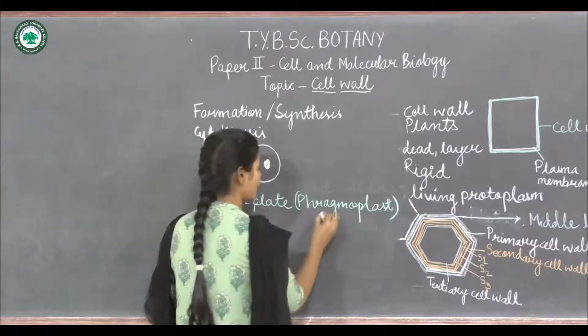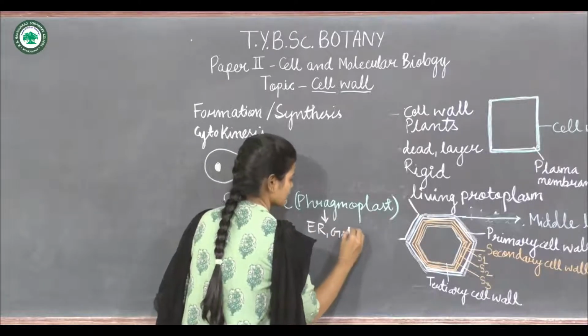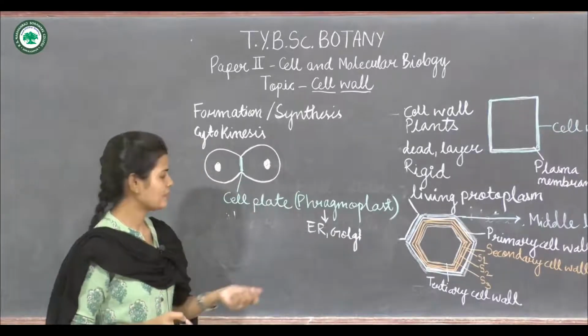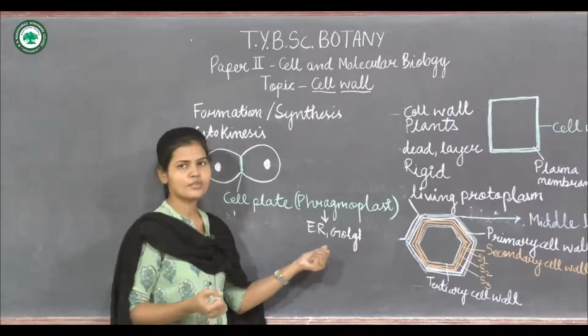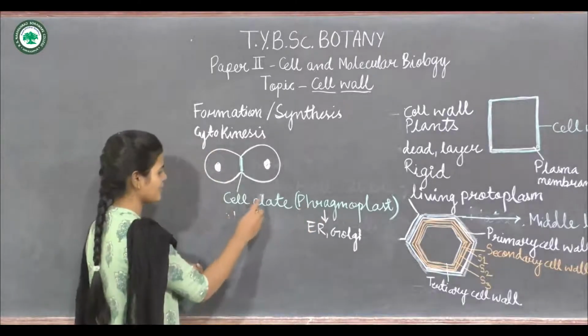It is made up from the remaining particles of the ER and Golgi. So fragments of ER and Golgi will form the phragmoplast. Now phragmoplast means the cell plate.